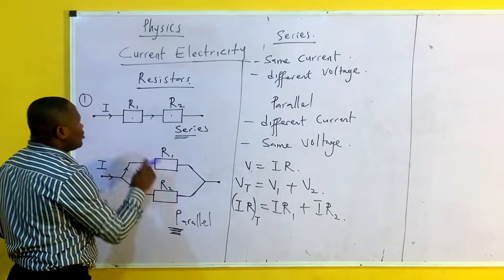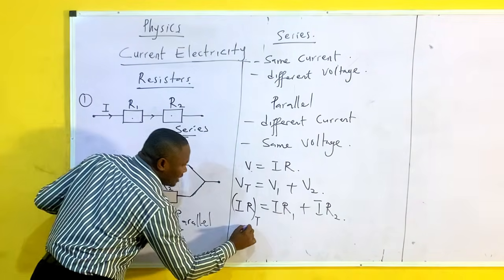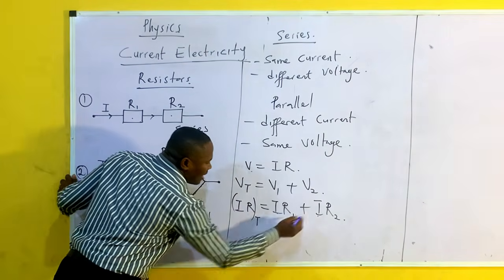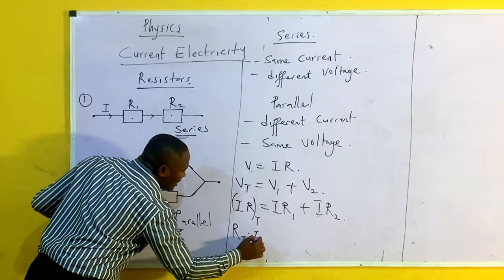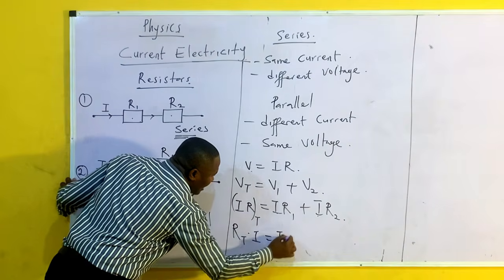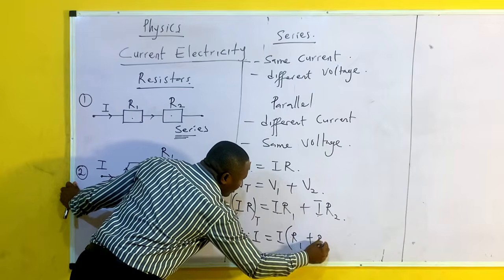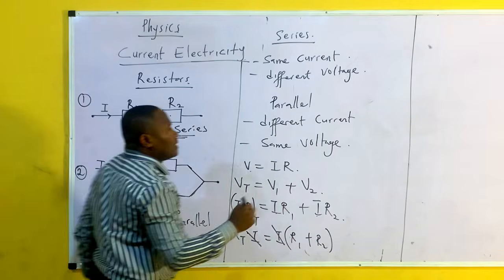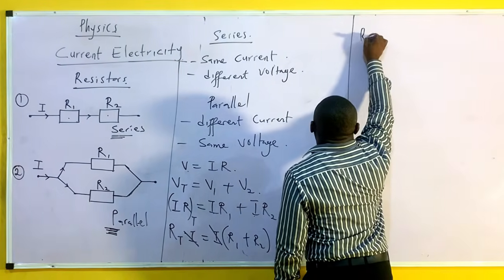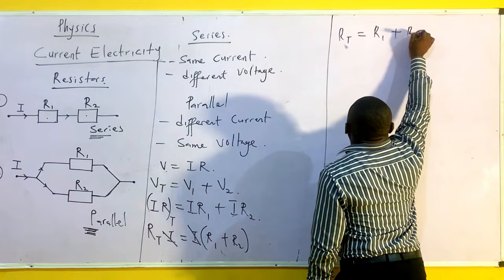Now remember, what do they have in common? They have the same current in common. So I R total equals I open bracket, I is common here, R1 plus R2. So I cancel that, and I now have R total equals R1 plus R2.